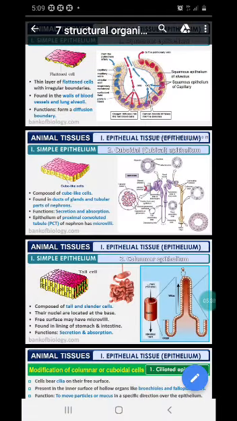This squamous epithelium is made up of flattened cells with irregular boundaries, and they are mostly found in the blood vessels and also the lung alveoli, where exchange of materials happens.